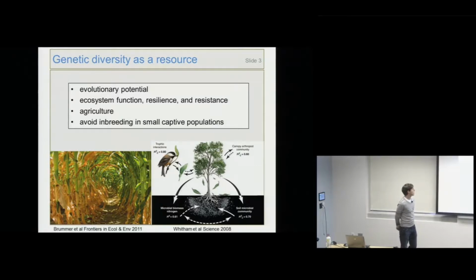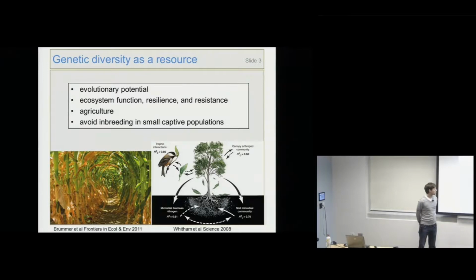I use the phrase, and a lot of people use the phrase, genetic resources, for a couple of reasons. Genetic diversity, as we've known for a long time, is a reservoir upon which a species can draw in order to adapt to ongoing ecological changes.